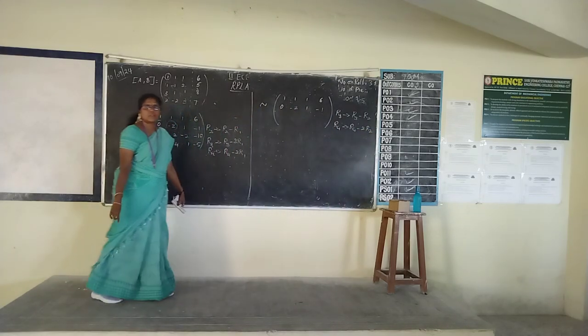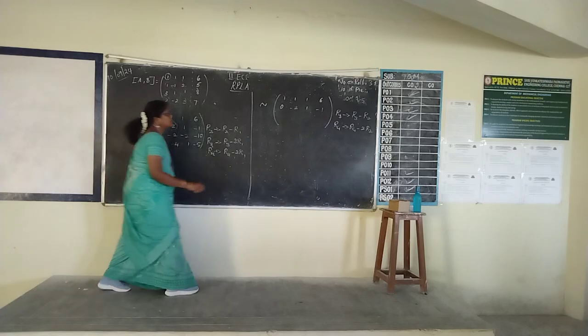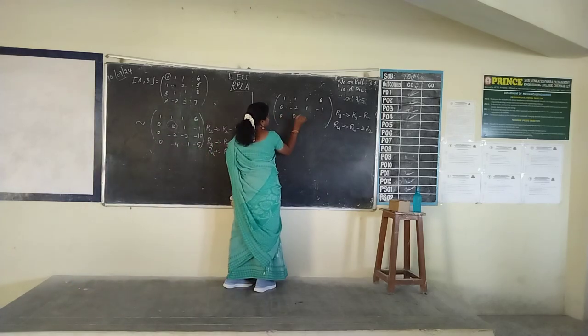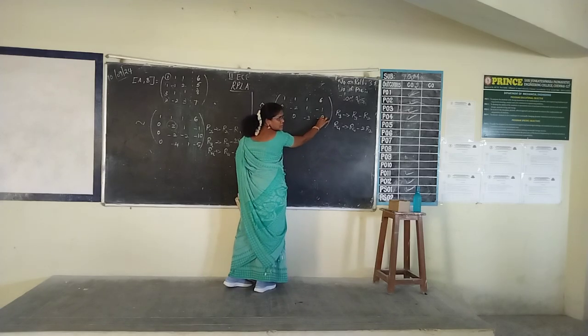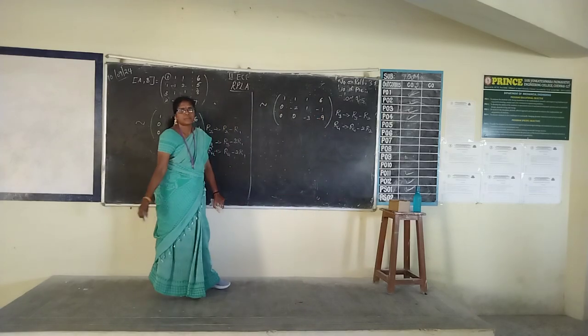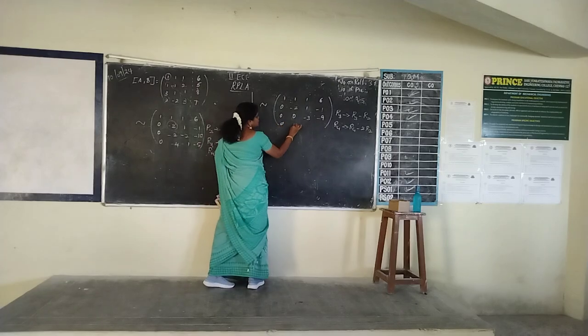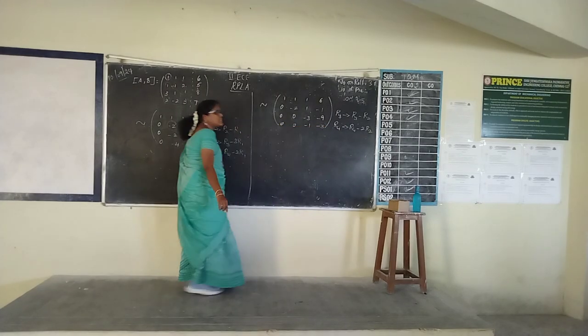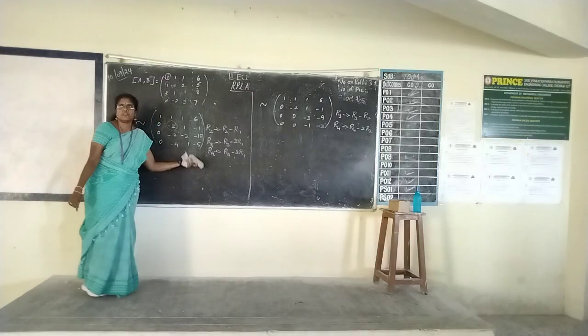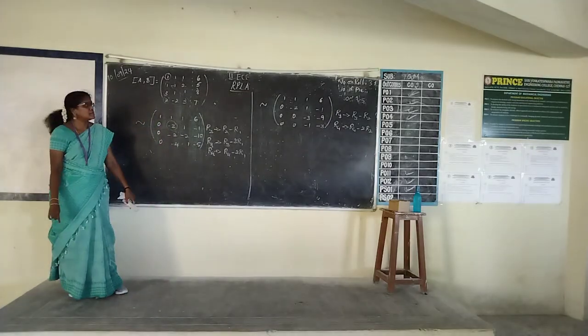Identify the new rows. 0, 0, minus 3, minus 3, minus 9, no? Fourth row? 0, 0, minus 1, minus 3. Everyone getting the same answer? I have not checked it. You check and tell me whether the answer is right or not.